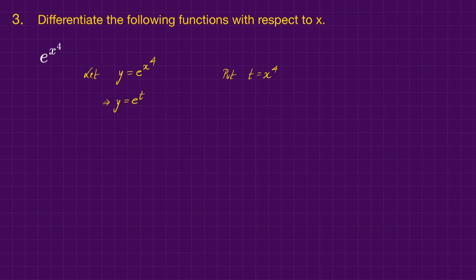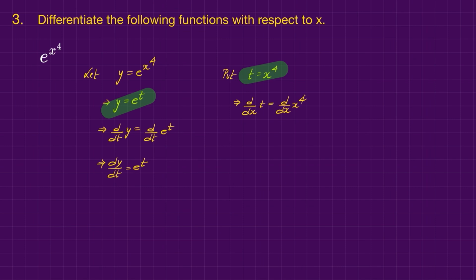So my equation is y is a function of t and t is a function of x. So here, differentiating both sides with respect to t, because y is a function of t, it will be d/dt of e to the power t. This implies dy over dt equals e to the power t. And here also let us differentiate both sides with respect to x, as t is a function of x. So it is d/dx of x to the power 4.